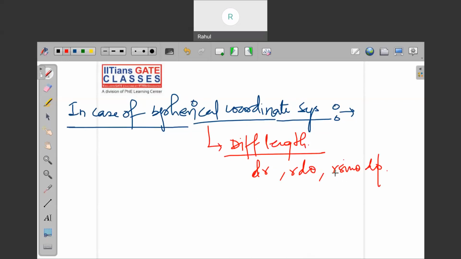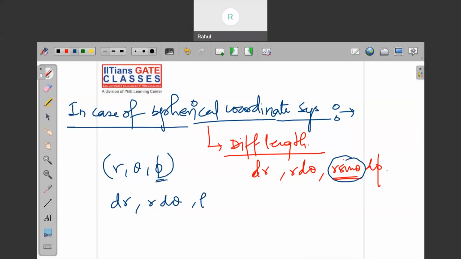So you may be wondering why r sine theta is coming. If I write dr, r d theta, because r, theta, phi is there, this phi is coming with that rho, so dr, r d theta, rho d phi.